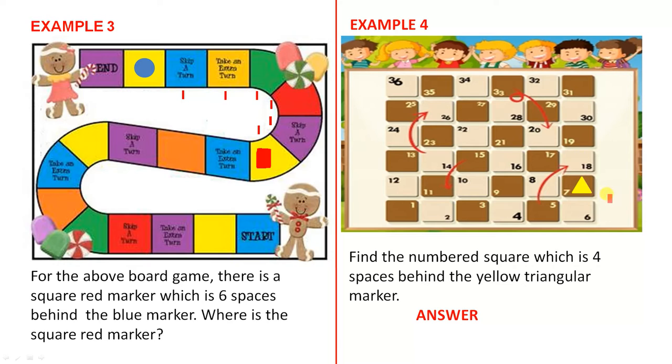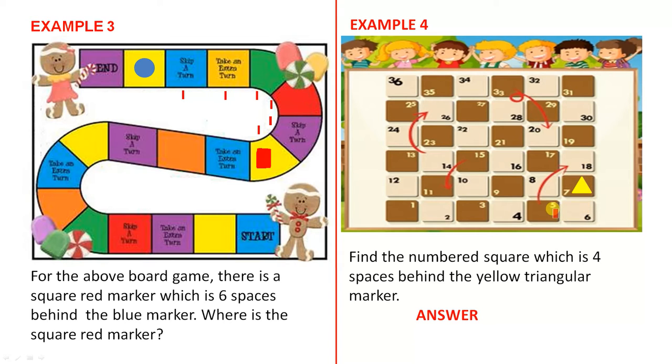Example 4. Find the numbered square which is 4 spaces behind the yellow triangular marker. So here's the triangular marker here. So we need 4 spaces behind it. That means we have to count backwards. So if we are on the number 7, the number that's 1 less than 7 is 6.